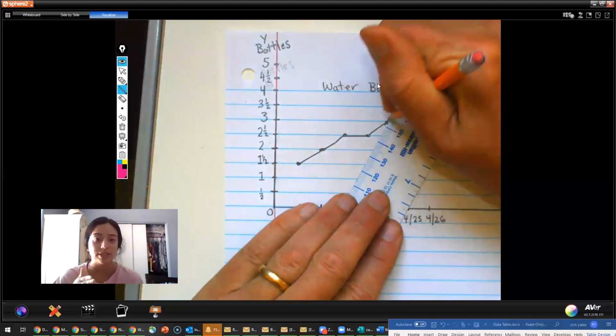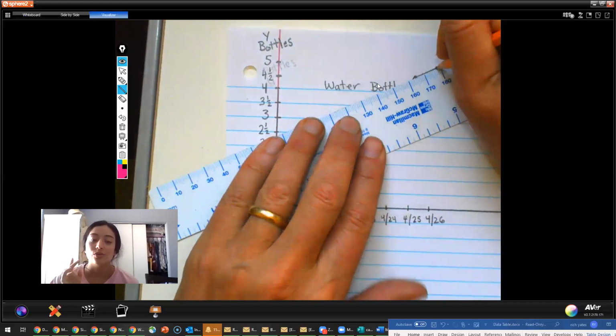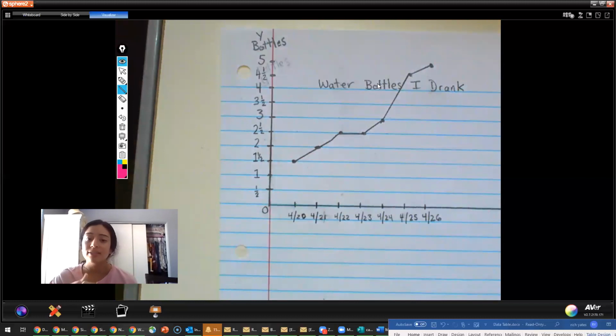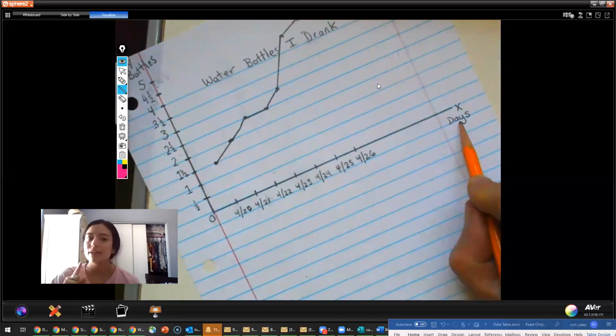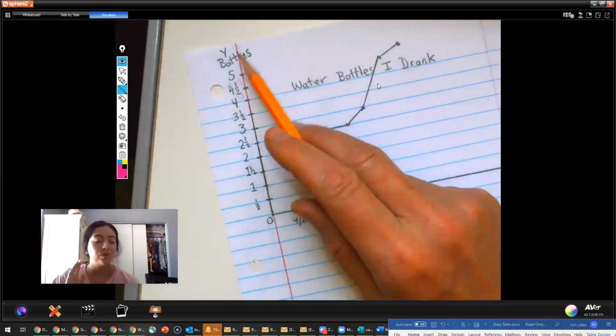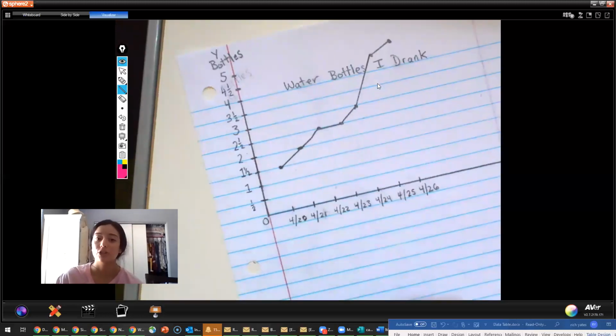Make sure that you start with 0 at the bottom. And make sure that you label both your x and your y-axis. Now remember, your x-axis is going to be similar to mine. You are going to have your dates right there. But your y-axis is going to be a little bit different. So just keep in mind what you would maybe put on your y-axis. Mine was the number of water bottles that I drank.